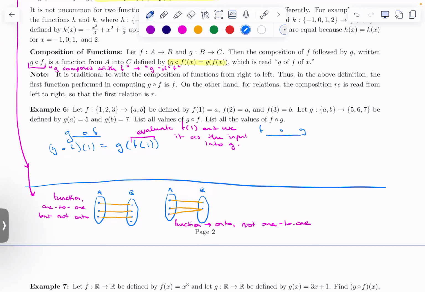F of 1, we were told, is A. So really what I want to evaluate is g of A. And g of A, we were told, was 5.